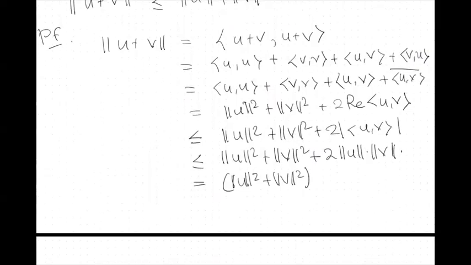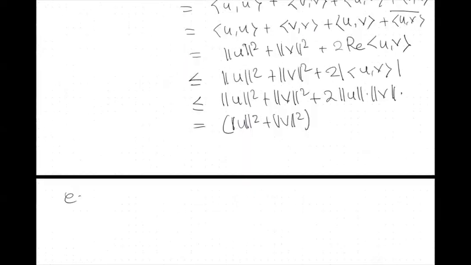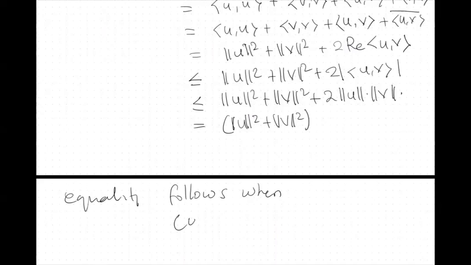So, yeah. This is for the inequality. Equality follows when the inner product of u and v is equal to the norm of u times the norm of v.